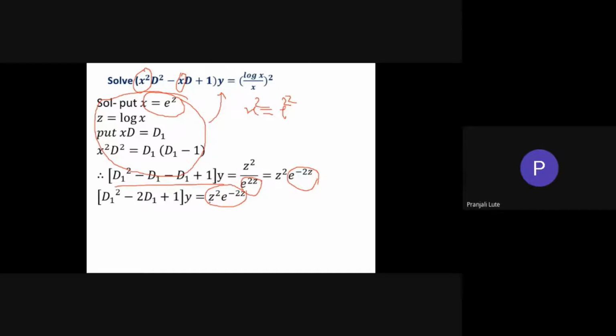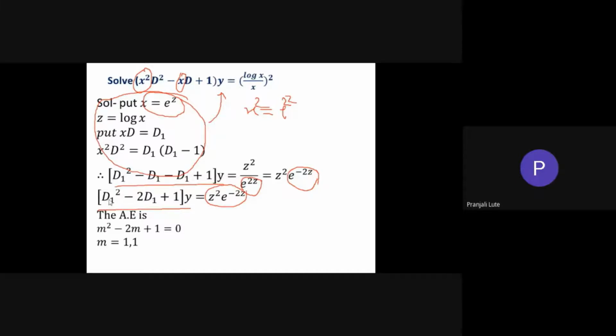Before finding the complementary function, first we have to find the auxiliary equation. How to find the auxiliary equation? By considering this equation in terms of D equal to 0. So D1 square minus 2D1 plus 1 equal to 0, and you have to replace this D1 by m.